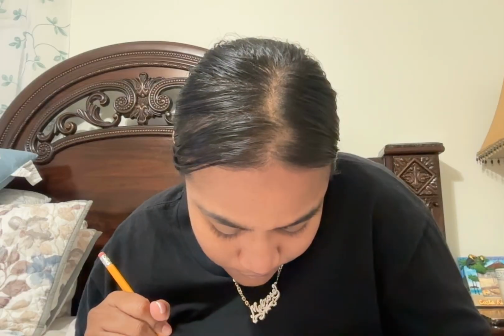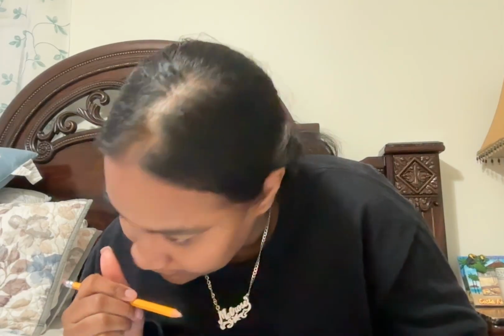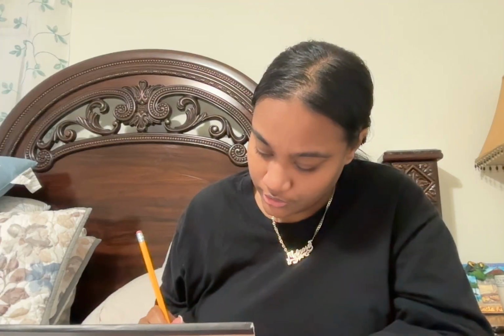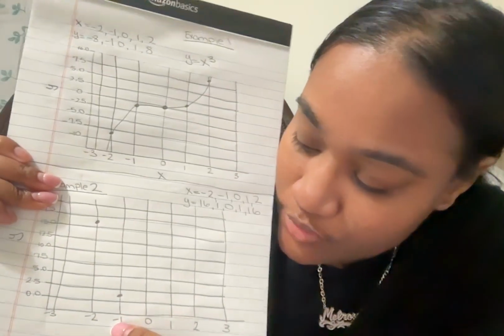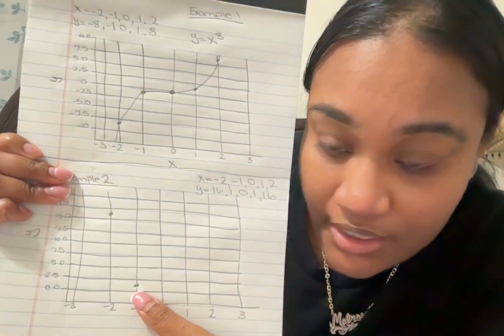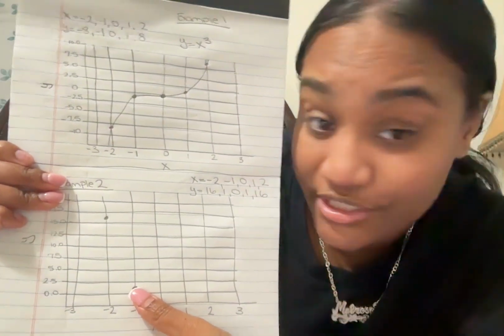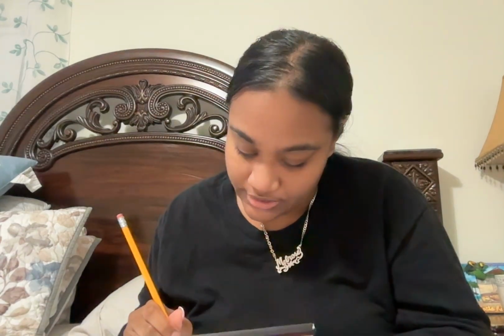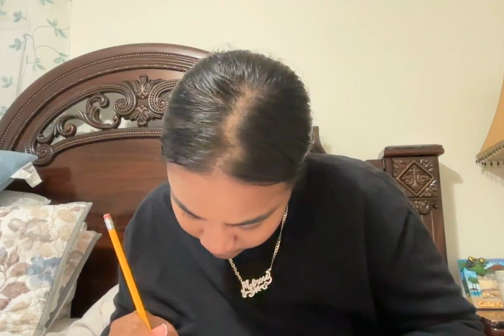So that'll be -1 here, and then the point will actually be here. So this would be -1 here, and then 1 here. That's our next point. Now our next point will be 0, 0, which will be down here.